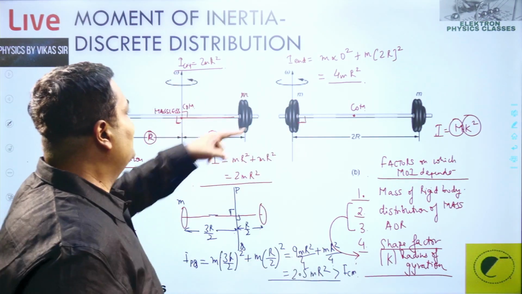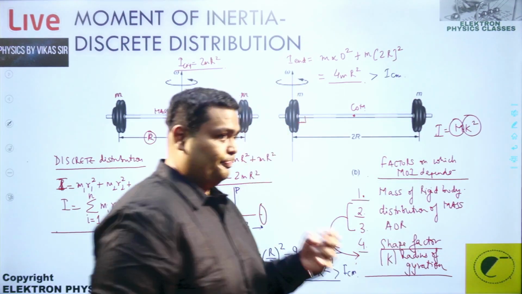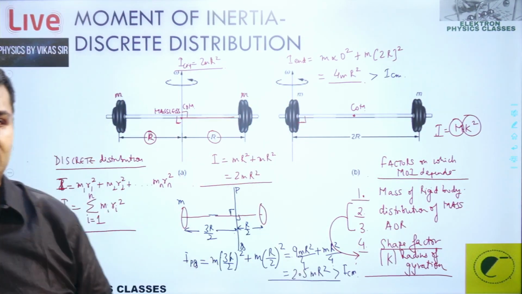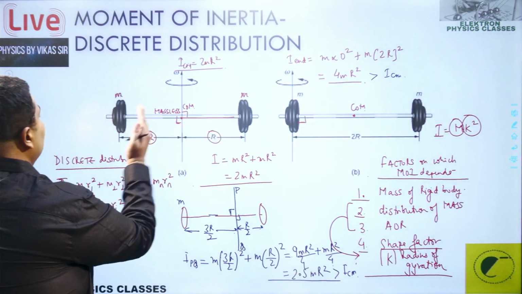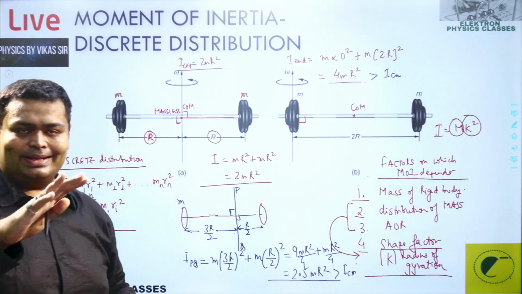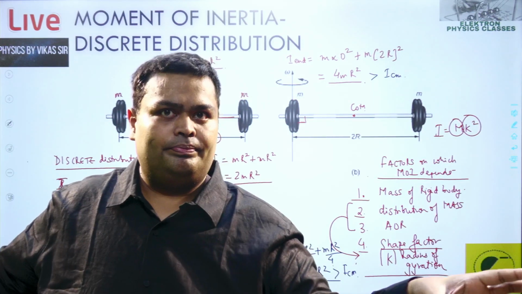This value is still more than ICM. So see, if I take an axis somewhere outside here, definitely the distance will increase more. So to create a maxima is not an issue.